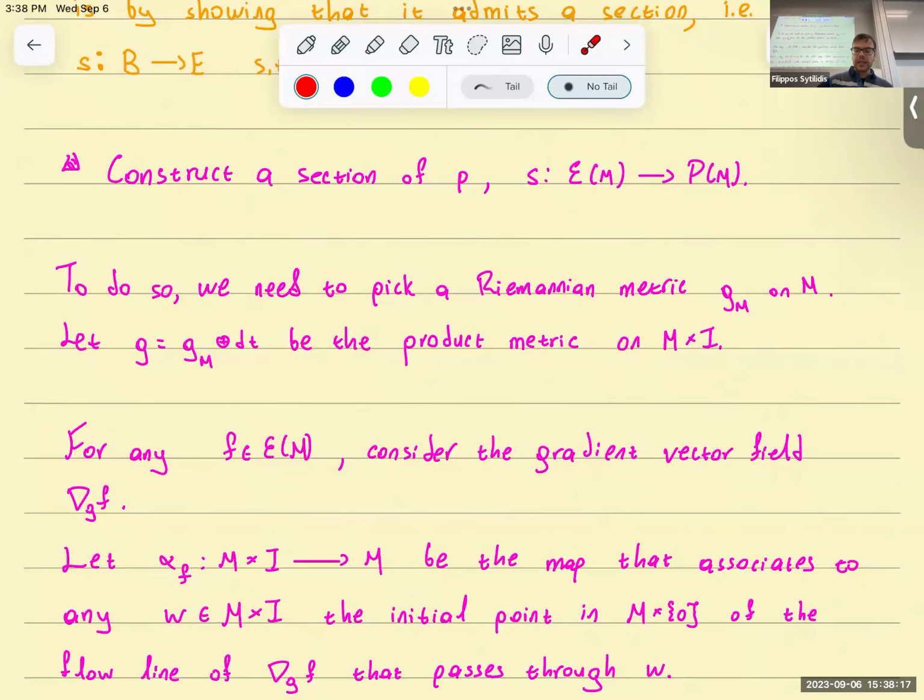But this construction would require some extra data that we can take from the beginning.